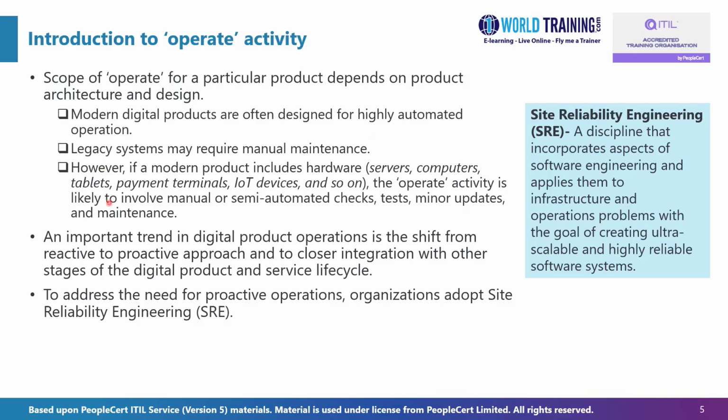Now, digital product operations have moved from a reactive to a proactive approach, and they're able to integrate well with the other stages of the product and service lifecycle. And we have seen just now that for proactiveness, organizations adopt site reliability engineering, or SRE.